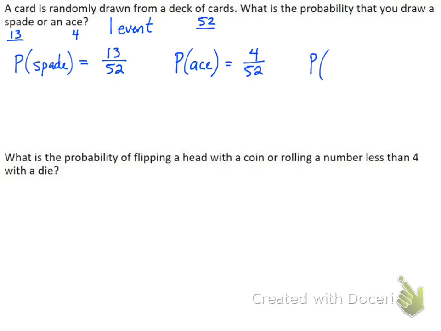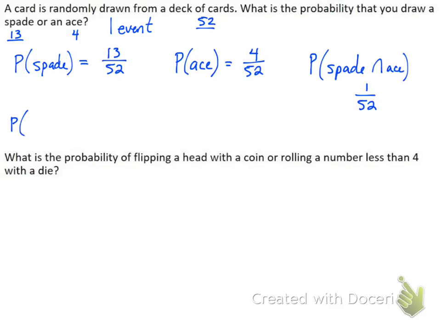And then you want to find the probability that something is a spade and an ace. So again, if I'm just choosing one card, how many cards are a spade and an ace? There's only one ace of spades in an entire deck of cards, so it's 1 over 52.